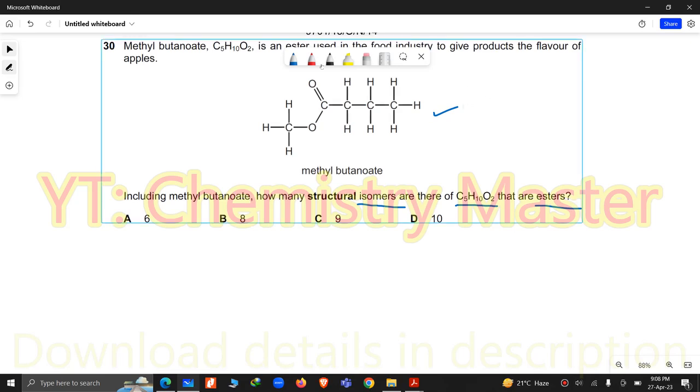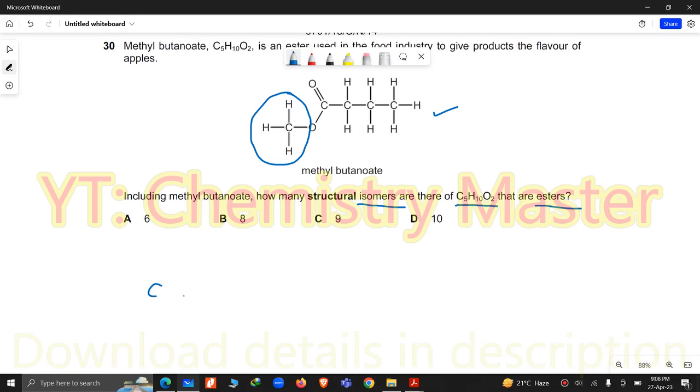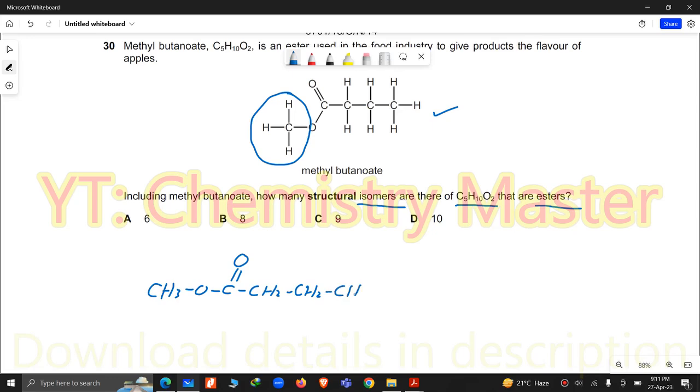We know that I can make this structure as the easiest one. Suppose I can represent the methyl group as simply C. This is called the skeletal formula or the structure formula. For simplicity, I can write it as CH3, and then I have O, C carbonyl, and now I can write CH2, CH2, and then comes CH3.